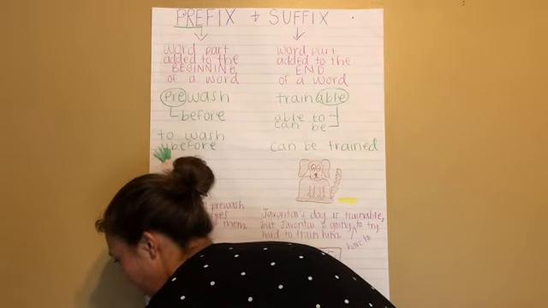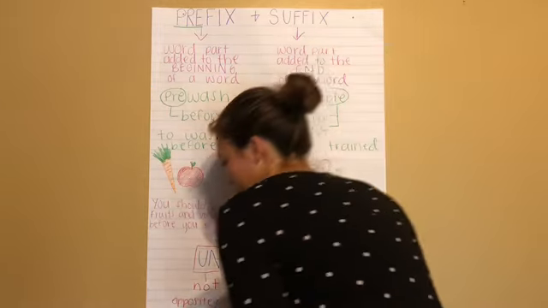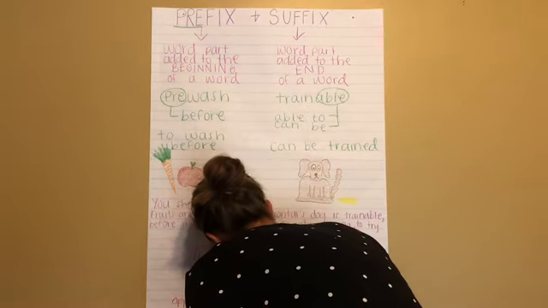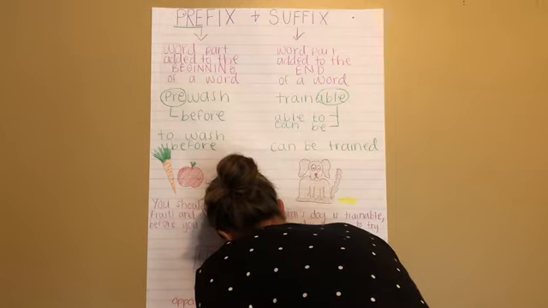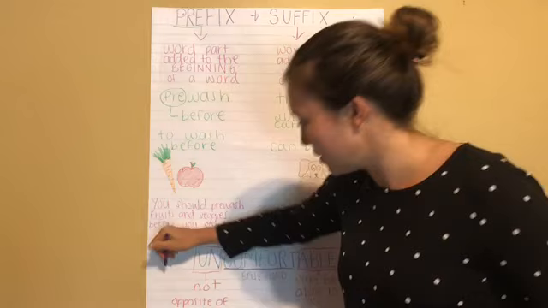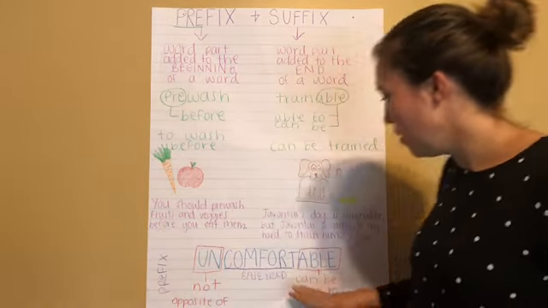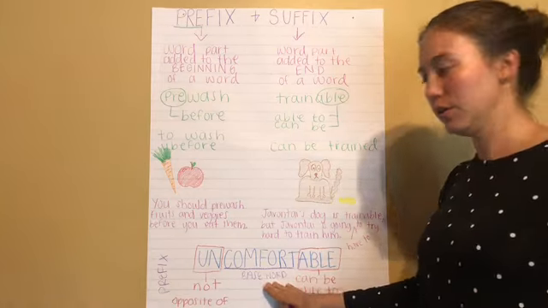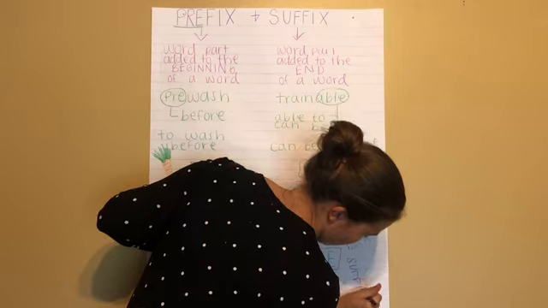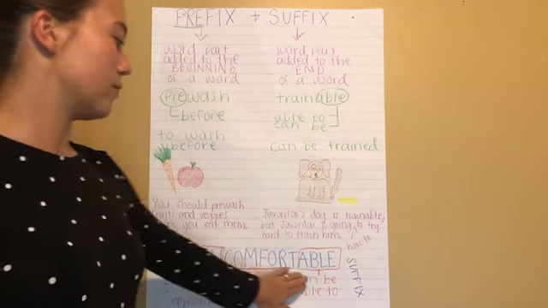And I'm going to put with our word here, this is our base word. So we have a prefix, we have a base word, and then we have our suffix. And that's how we get this word uncomfortable.